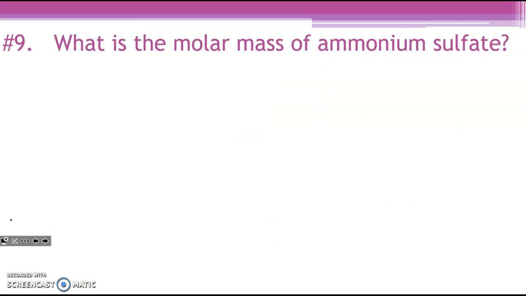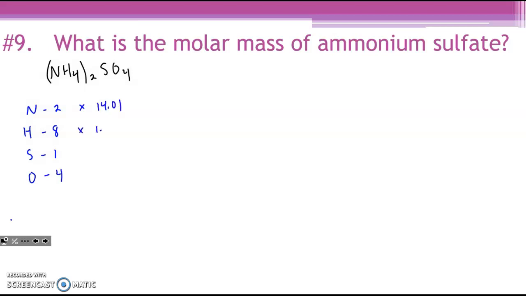So let's do it for ammonium sulfate, which is NH4 2 SO4. Here we go. Nitrogen, hydrogen, sulfur, oxygen. We have 2 nitrogens, 8 hydrogens, 1 sulfur, 4 oxygens. Nitrogen is 14.01, hydrogen 1.01, sulfur 32.07, and oxygen 16.00.